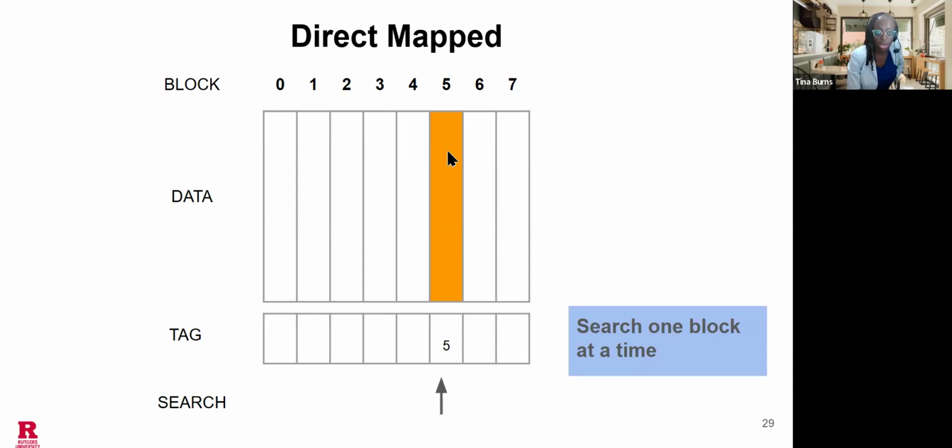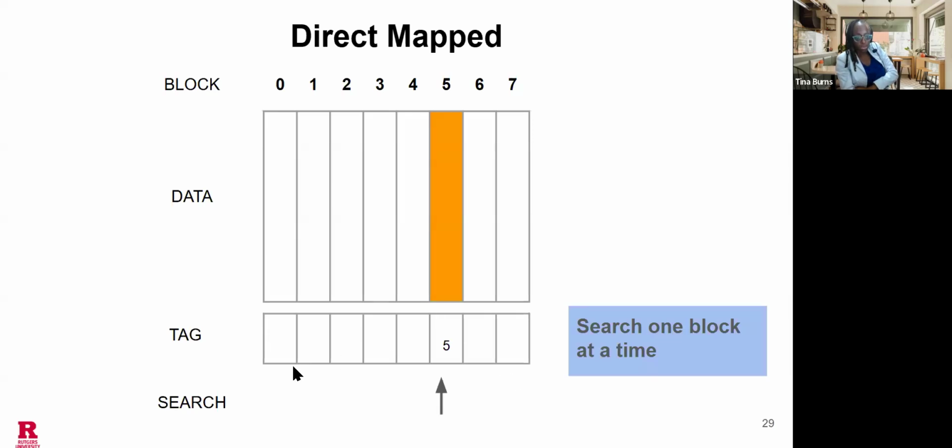I can't put my 1 down here or map it differently based on my feeling. If it's 5, it's going to be 5. It's always going to be in that same location. And as you are searching through this, when I'm trying to determine how to gain and get access to information from that, I can only search one block at a time.